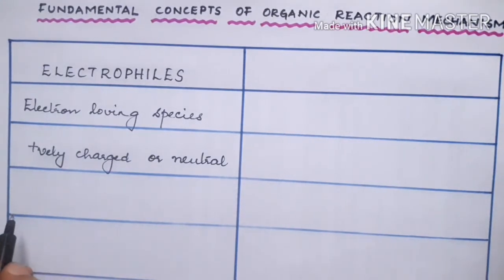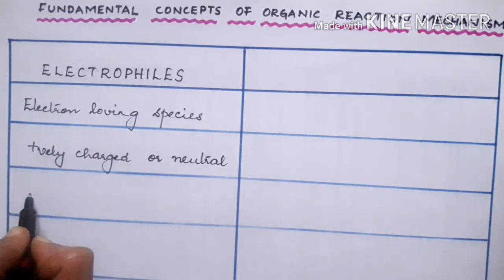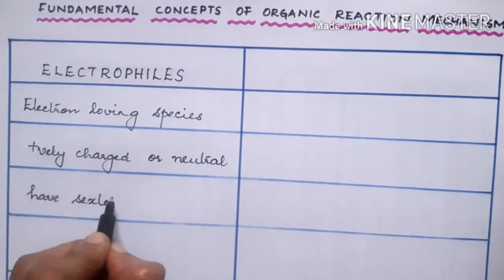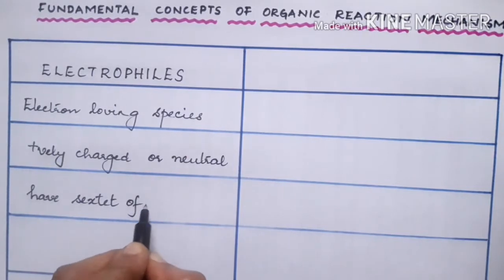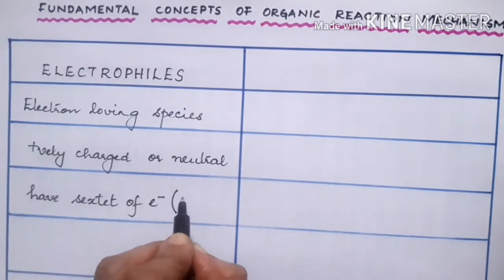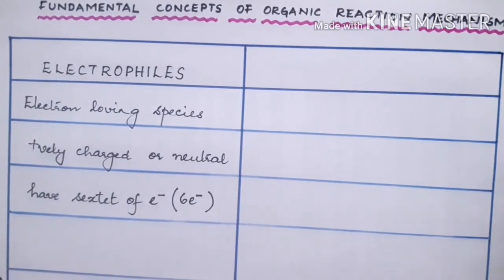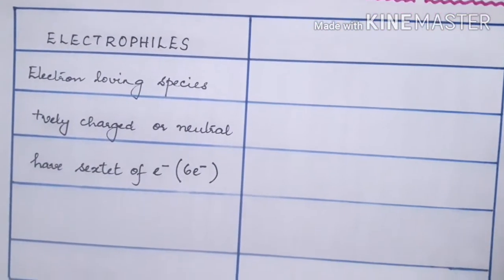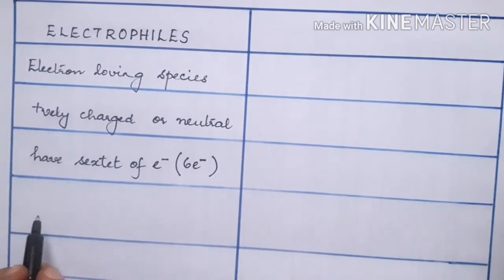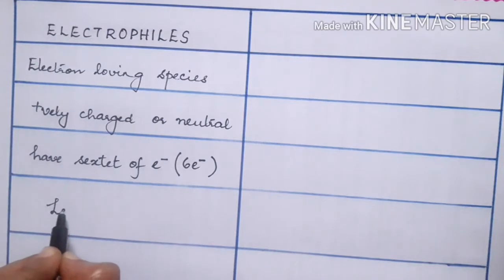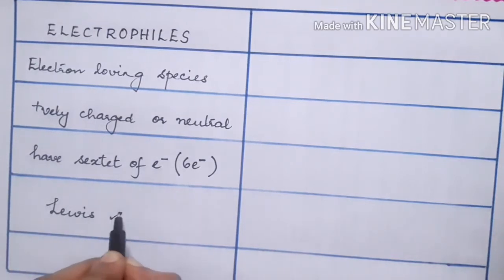The main thing about the electrophiles is that they will have only a sextet of electrons. Sextet means 6 electrons are present. As a result, it always has a tendency to attract a pair of electrons towards it. So it acts as a Lewis acid.